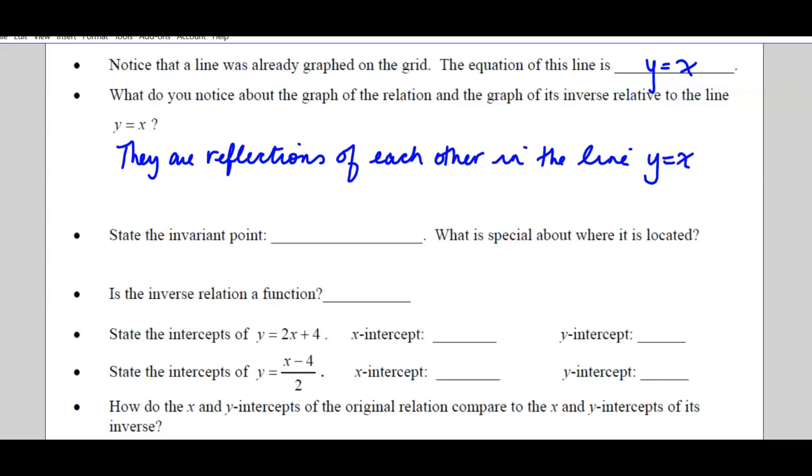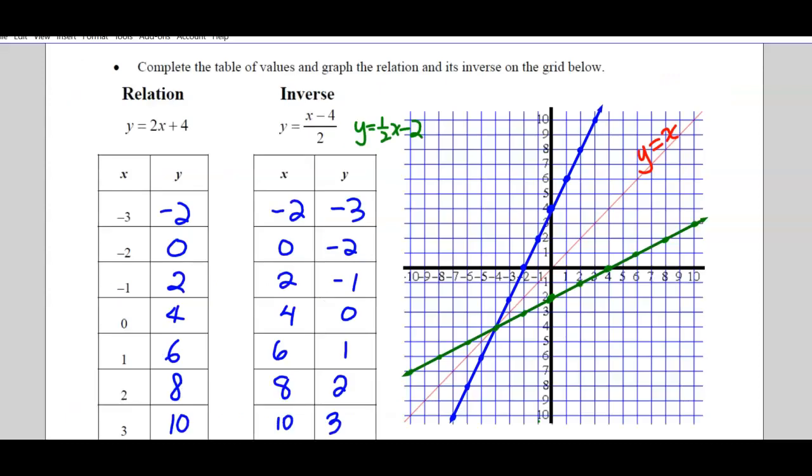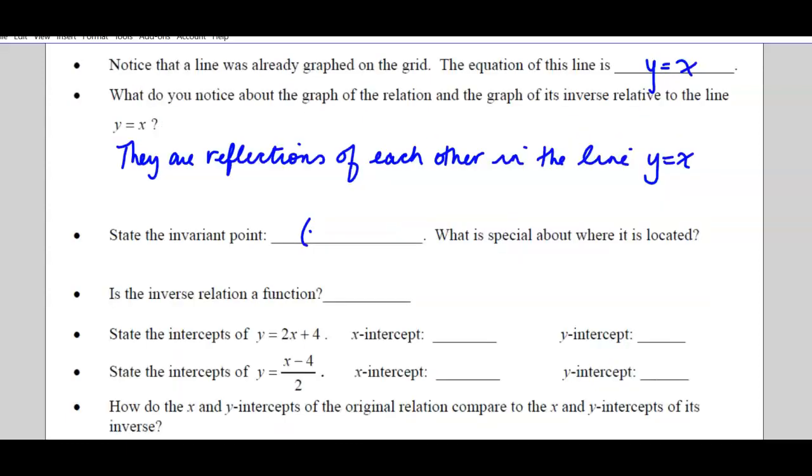Okay, there is an invariant point. Where is it located? On the line y equals x. The coordinates have to be the same.